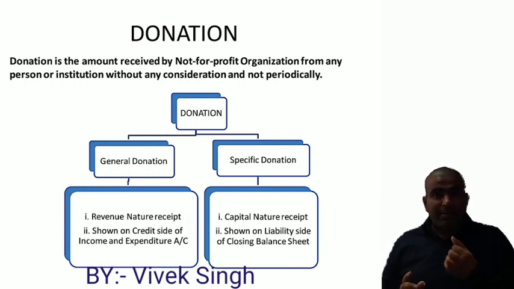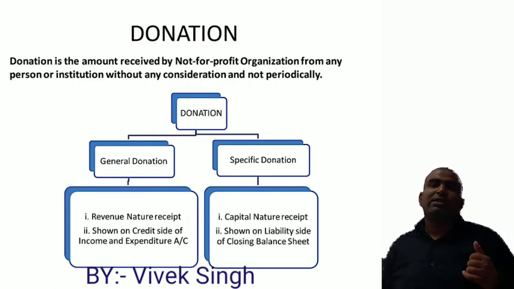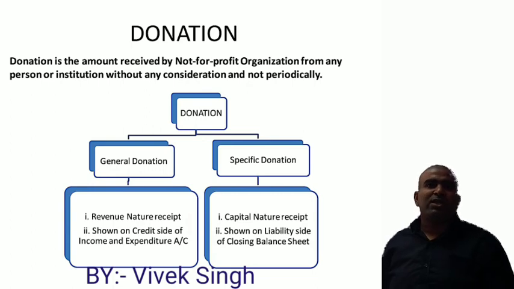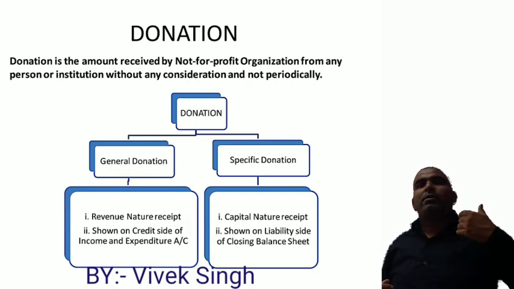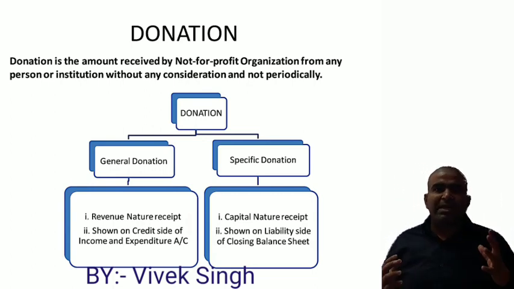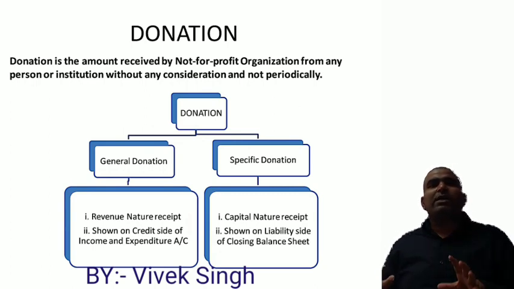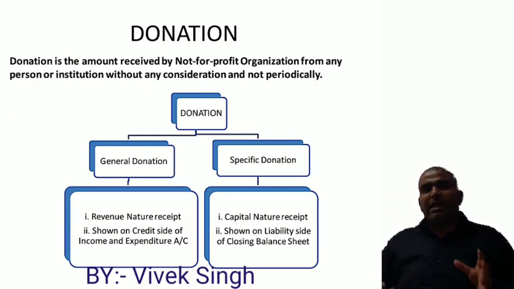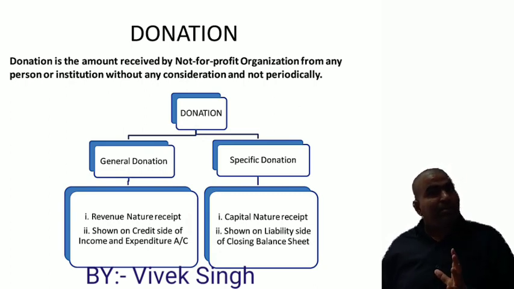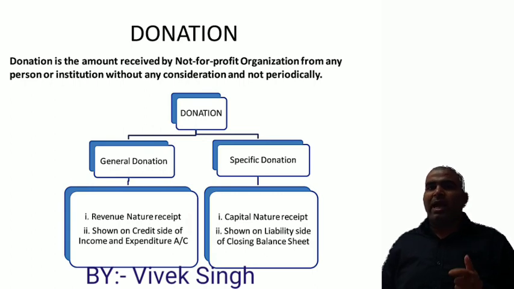Clear? And if the donation is a specific donation, means a donation paid for some specific purpose, like donation paid for the building, donation paid for the medicine purchase, donation paid for the ground maintenance, means a donation paid for some particular purpose, then it will be treated as a capital receipt, and it is shown on the liability side of closing balance sheet.